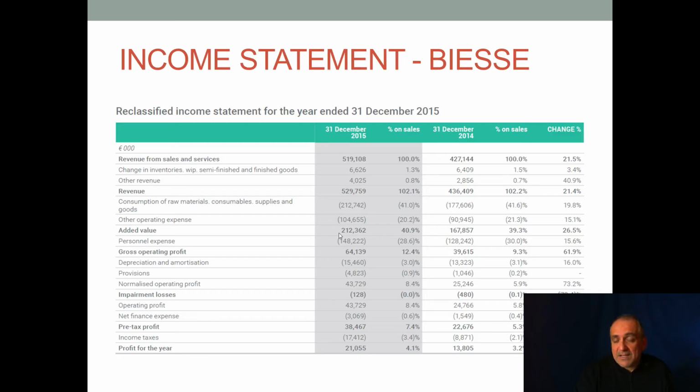Why? Because BS is basically converting its Italian European way of presenting an income statement into an English language document. You get to EBITDA, which they call here gross operating profit. Then we get to EBIT, and then gross profit, and then net income.